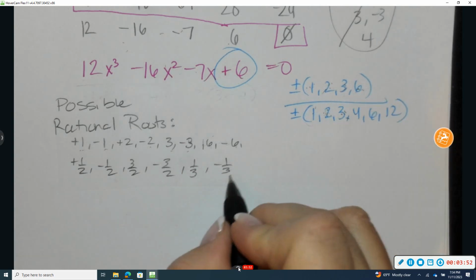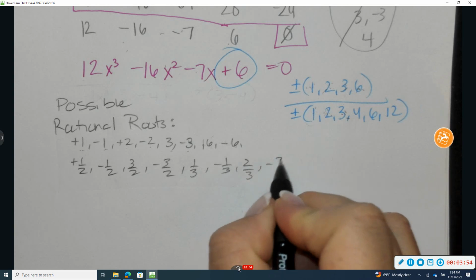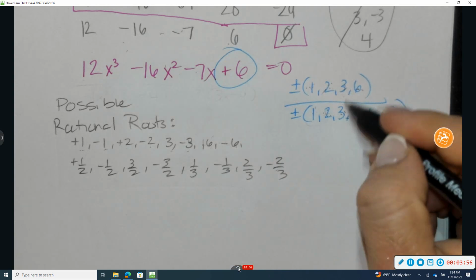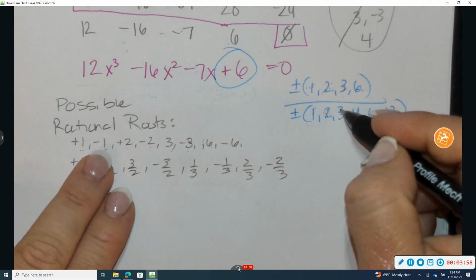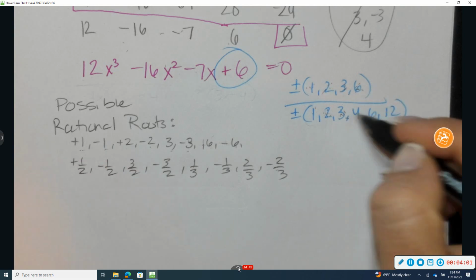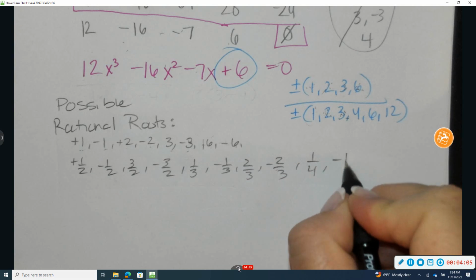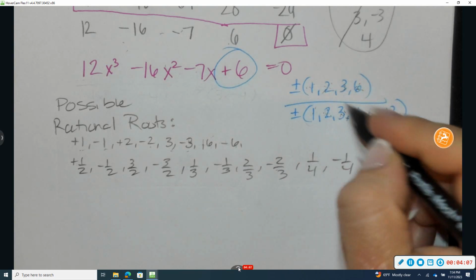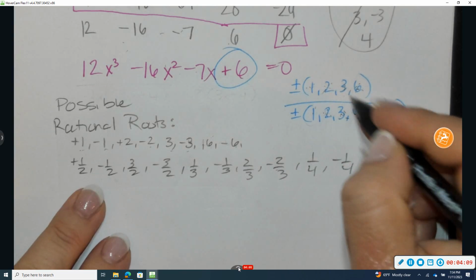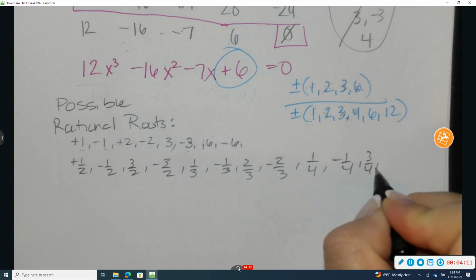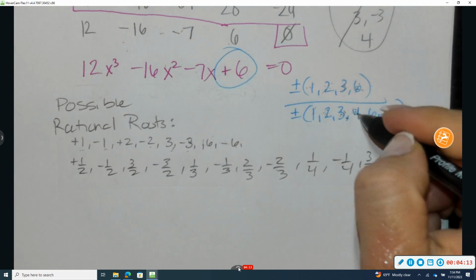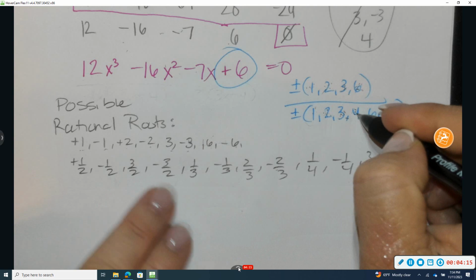I have 2/3 positive and negative. 3 over 3 is the same as 1, and 6 over 3 reduces to 2. Sliding over to 4, I have positive and negative 1/4. 2 over 4 reduces to 1/2. 3 over 4 has not been listed. 6 over 4 reduces to 3/2.